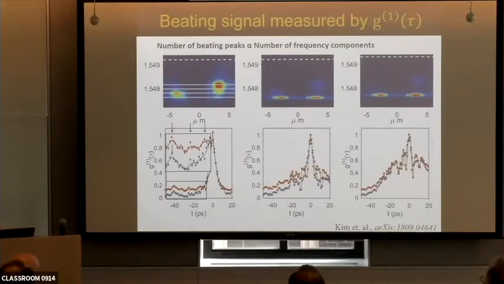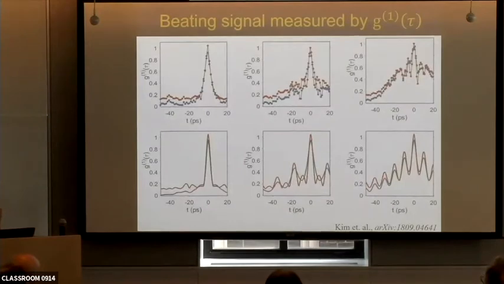And because the occupation is asymmetric, that also makes the beating pretty messy and hard to see. But you can tell they're there. And we can compare it with the model that can reproduce the main revival peaks in the beating.